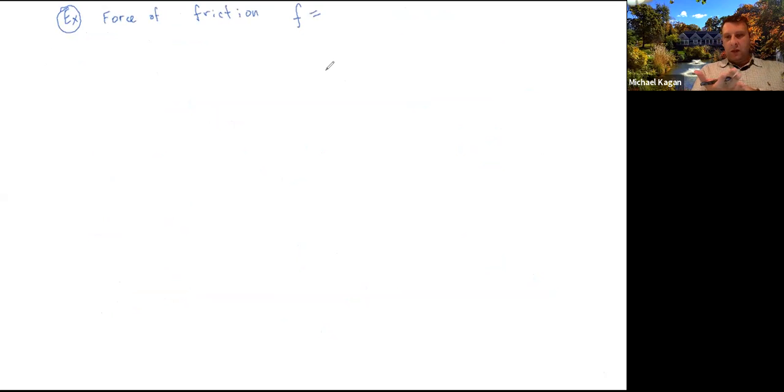These are both contact forces between the surface and the object that's in contact with the surface. Normal force is perpendicular, friction is parallel, and they are proportional to one another. So the typical way to write it is this: friction equals mu times N, where N is the normal force. And then, of course, we distinguish static friction and kinetic friction. But that's not super important for this problem, okay?